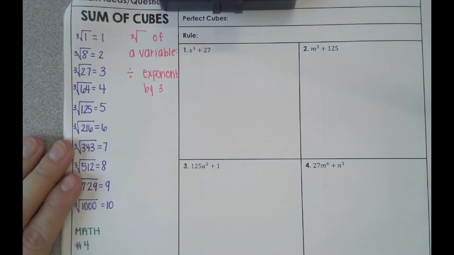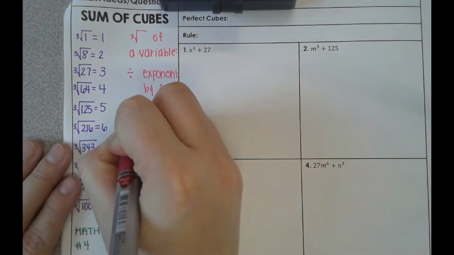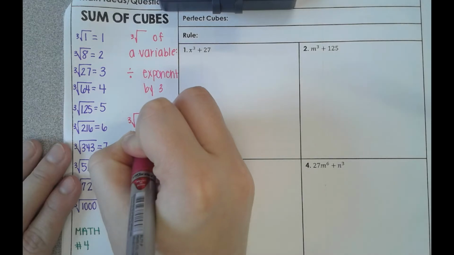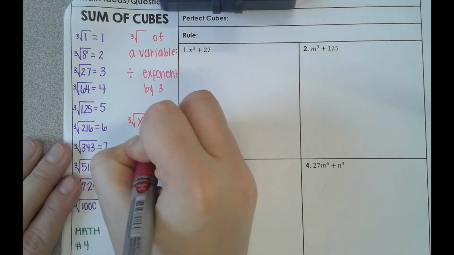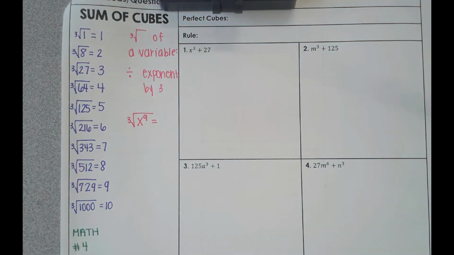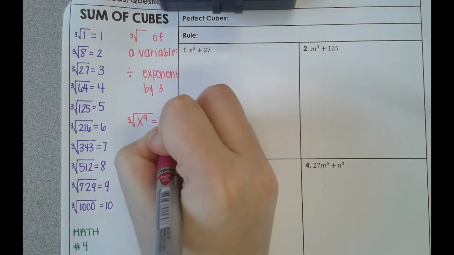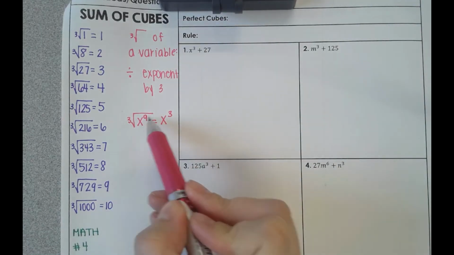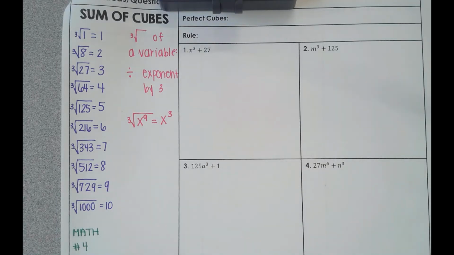So, for example, the cubed root of x to the 9th is going to be x cubed, because 9 divided by 3 is 3.